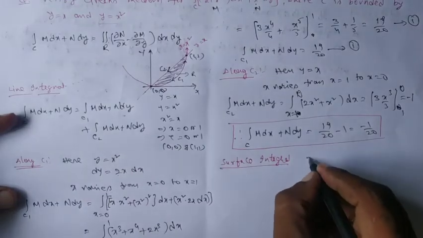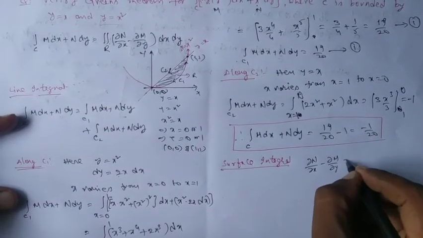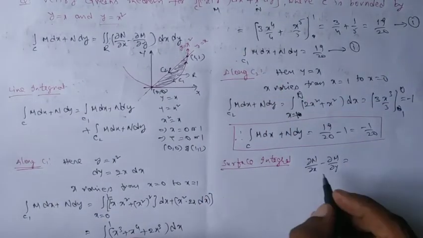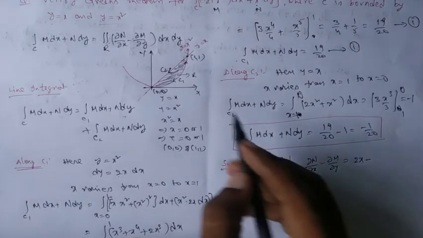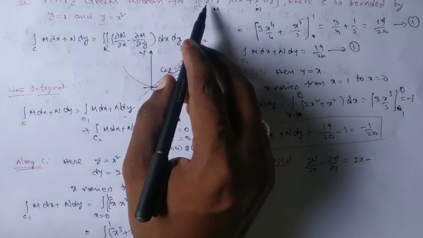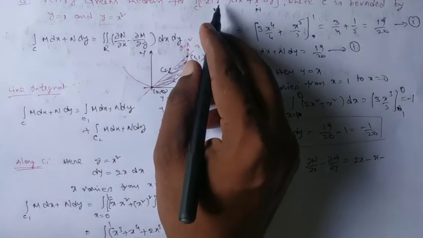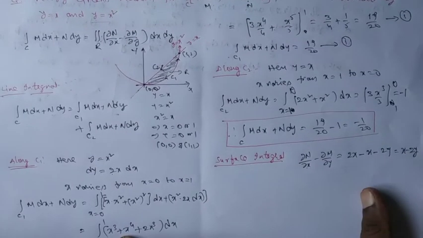I am just calculating now dou n by dou x minus dou m by dou y, which will be equal to, this is what our n is, x square, the differentiation of x square with respect to x is 2x, minus dou m by dou y. I just take the differentiation of this term with respect to y, so it is minus x, and for y square it is 2y. So the answer is x minus 2y, our function.